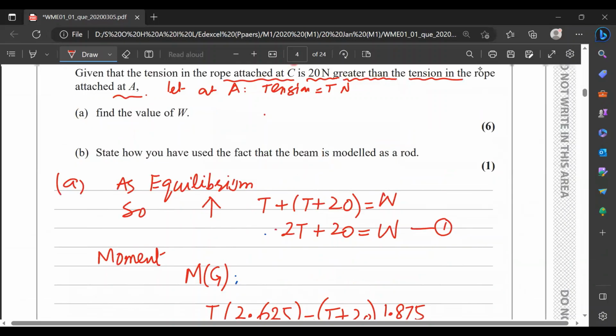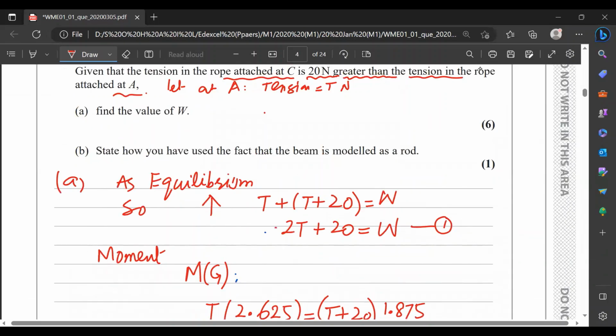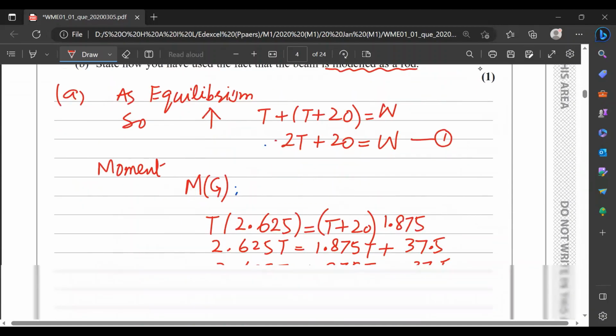The second part was to state how you have used the fact that the beam is modeled as a rod.